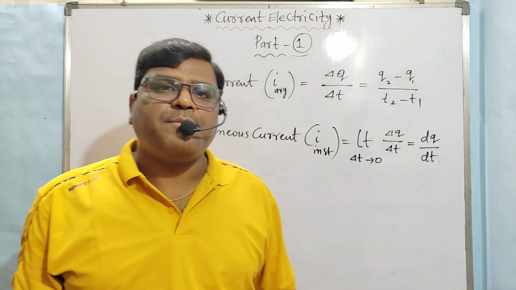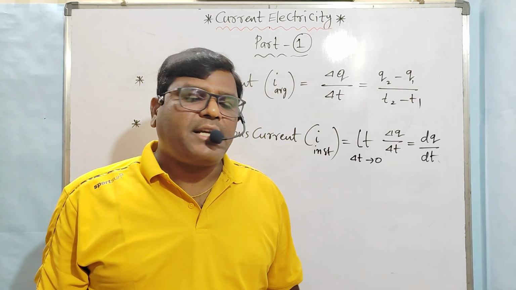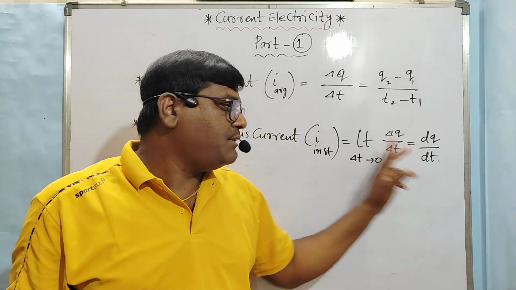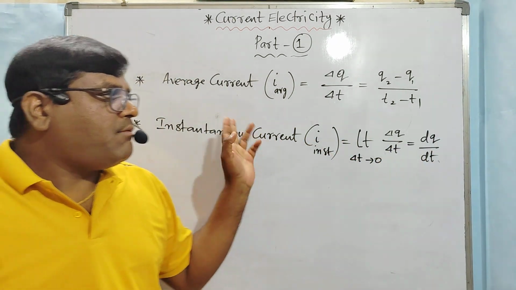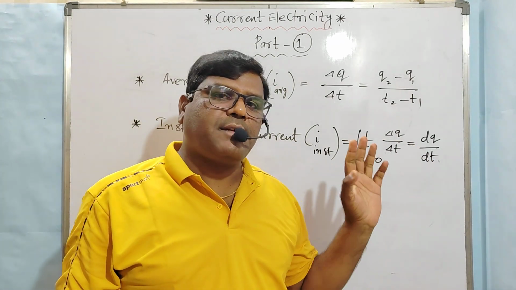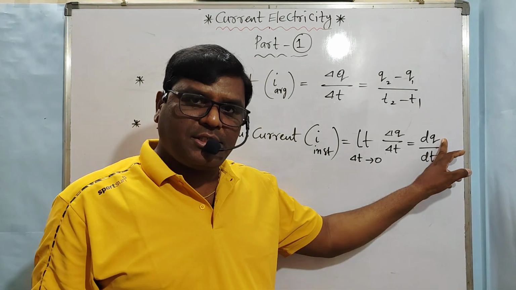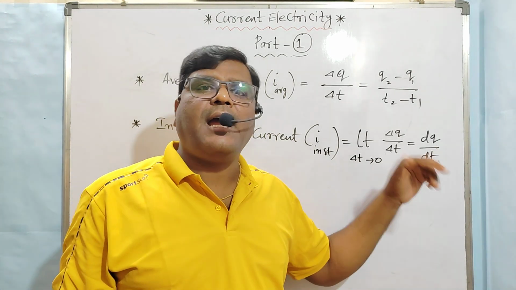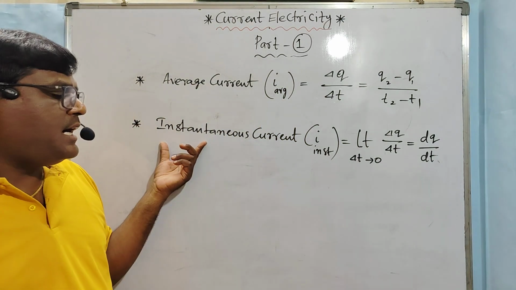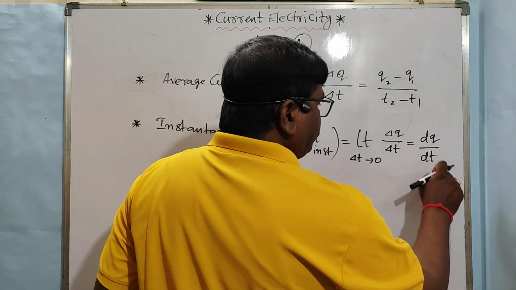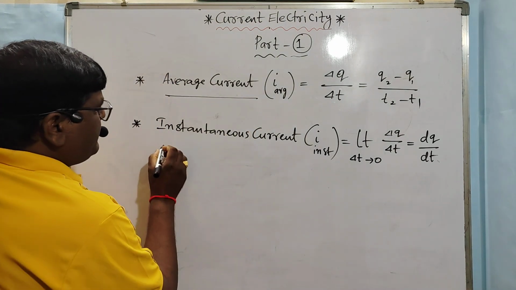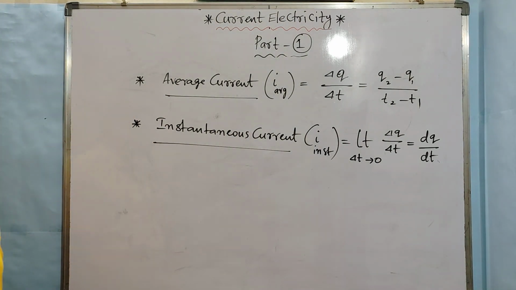For example, if Q is given in terms of time and you are asked to find the instantaneous current, we differentiate the charge with respect to time. If he asks at time t equal to 2 seconds or 3 seconds, we substitute that value after differentiating, and we get the instantaneous current at that particular instant. So these are the formulas for the average current as well as the instantaneous current.